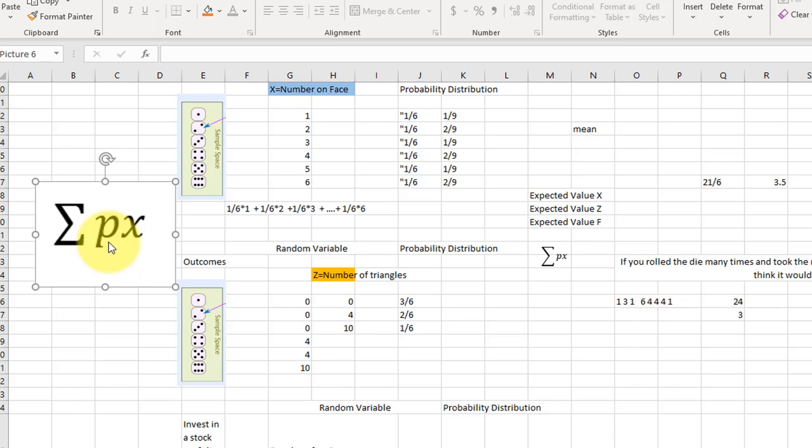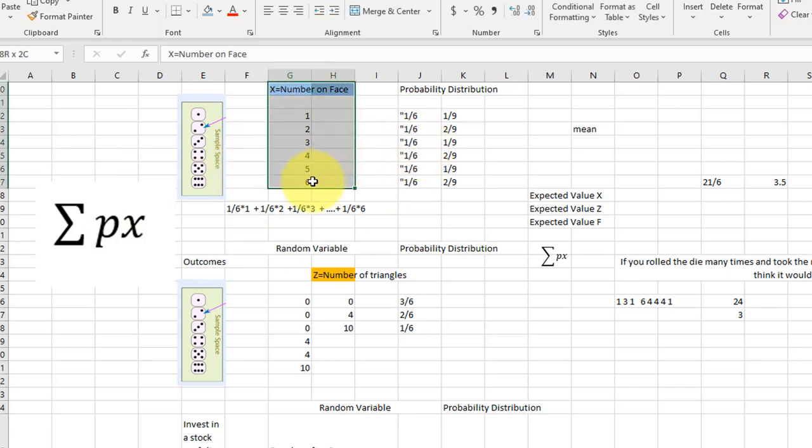And this is the expected value for a random variable. So the random variable is here. This is the probability distribution, or it might be this one. And then you do this to get the expected value, and that's what you expect.